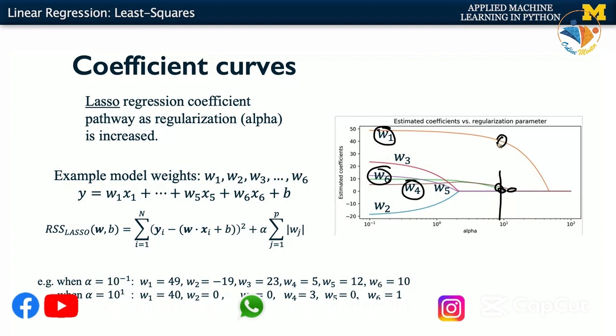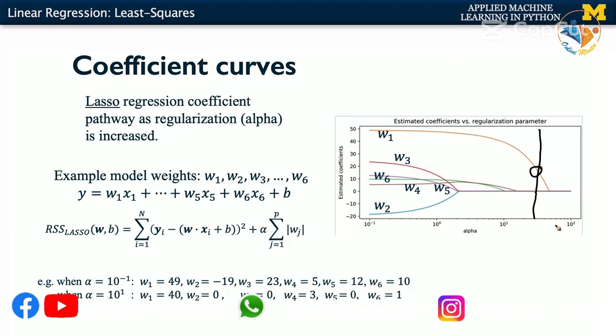If we choose alpha equal 30, which is going to be somewhere here, if we fit the model using lasso regression with alpha set to 30, the only non-zero estimated coefficient at that point will be W1. So you can see that's why lasso regression gives these very sparse solutions.